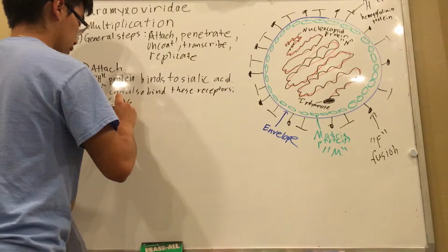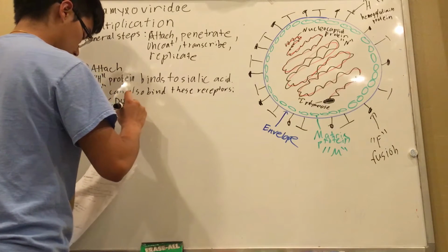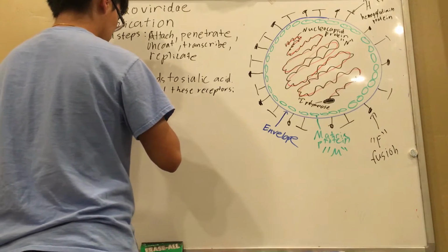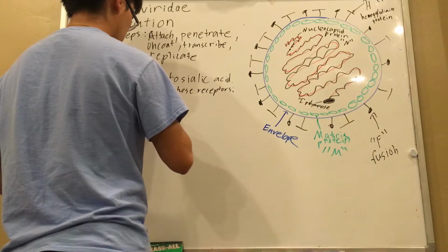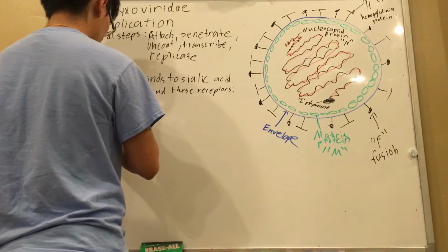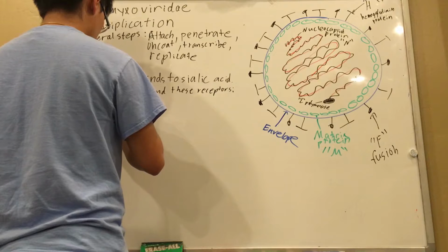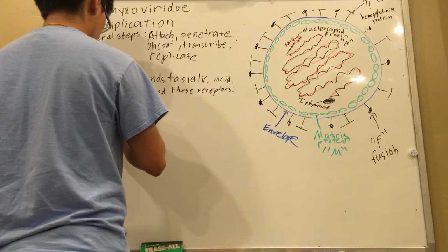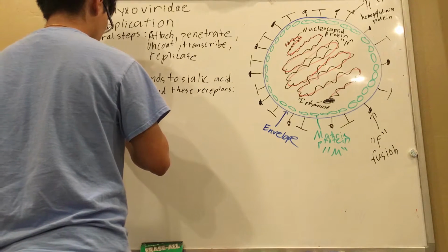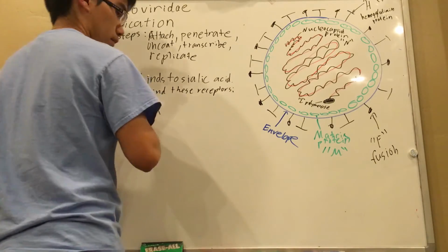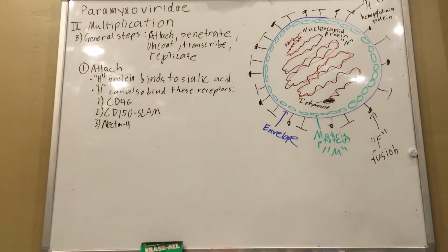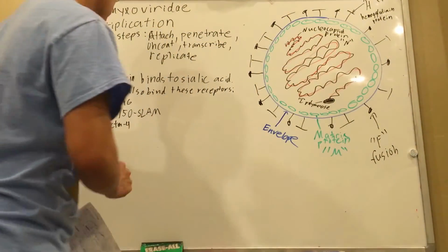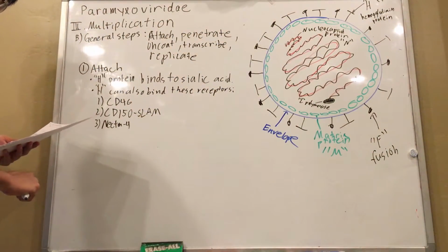CD46, CD155, where's CD150? CD150 SLAM. And then nectin for it. Okay.